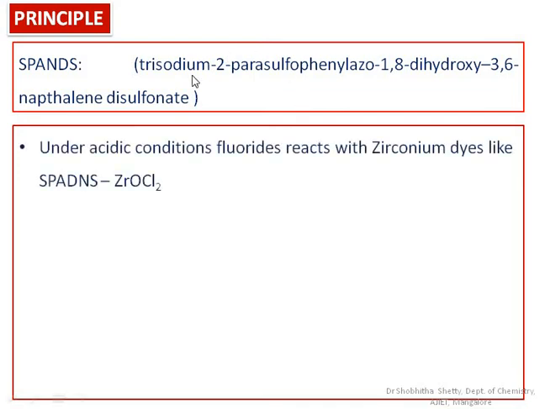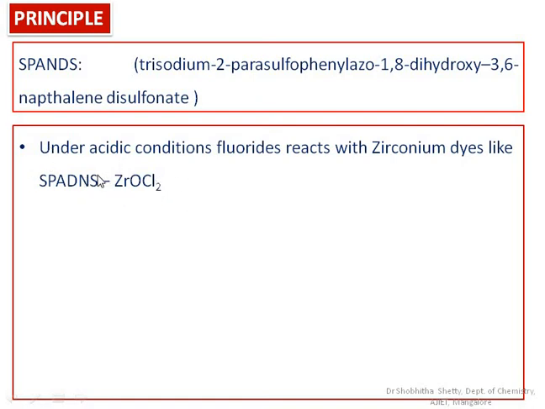The main principle behind this is, under acidic condition when water contains fluoride, the fluoride ion reacts with the zirconium dye. That dye is formed by the reaction between the SPADNS reagent and zirconyl. Mainly the method utilizes the reaction between fluoride and a complex of zirconium with an organic reagent, that is the SPADNS reagent.